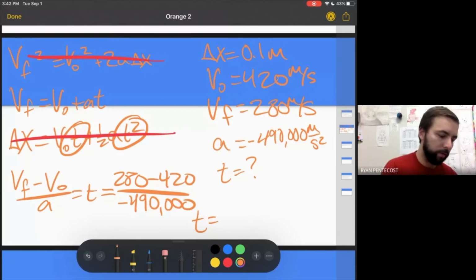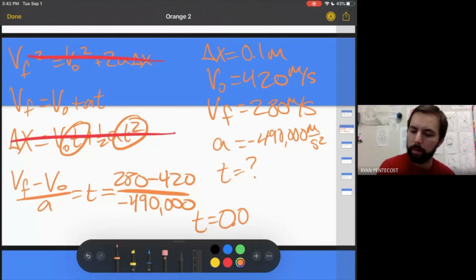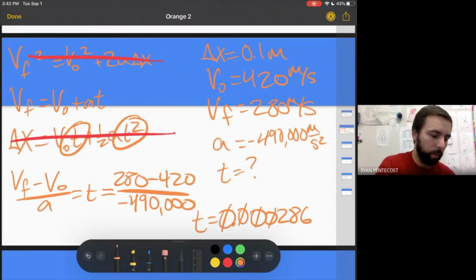So we have, and this should be positive. If you got a negative, you might have missed a minus or a negative value in there. So you get 0.000286. I have a habit of putting slashes through those zeros. Just a habit I have.